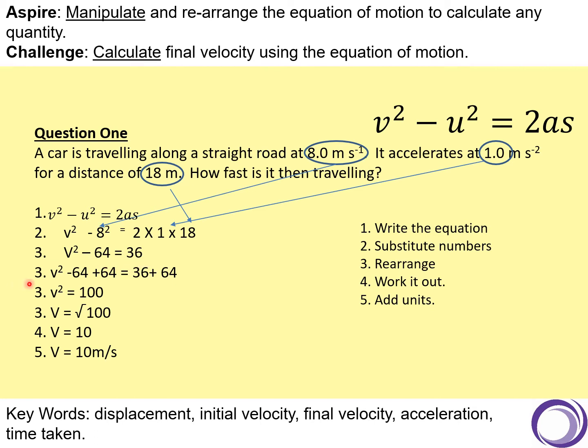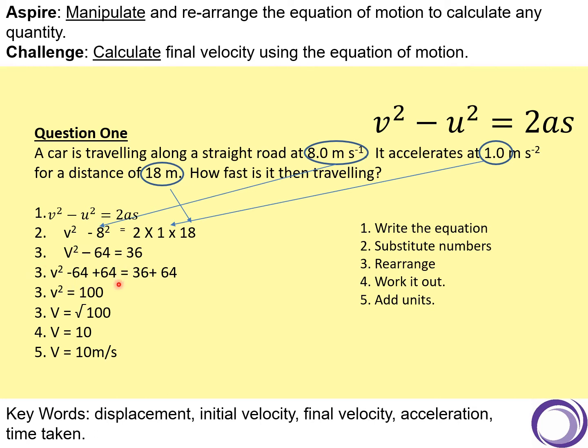Now, when you are doing this in maths, you should be taught this way, and we try to teach it this way in science. And this is why we don't use triangles anymore, because a triangle would be very, very difficult with this equation. So I need to get this side of the equation, see this bit here where it says v squared minus 64, I need to get that just to be v squared by itself.